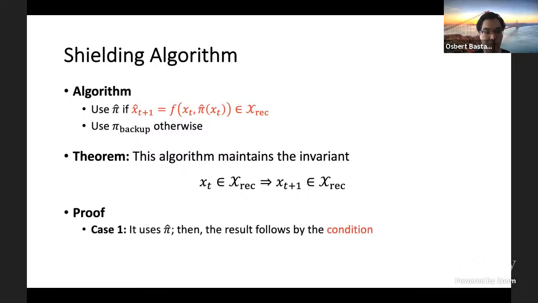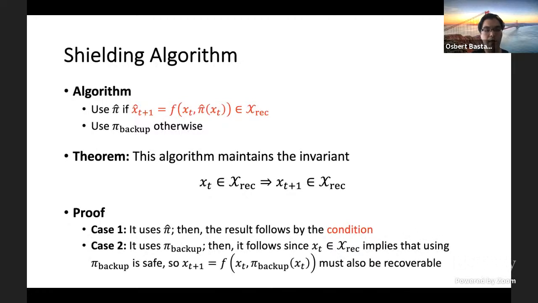To give a quick proof, there are two cases. If the algorithm uses pi hat, then the theorem statement follows by the check. We've simulated it and checked that if we use pi hat, it's going to stay in the recoverable set.